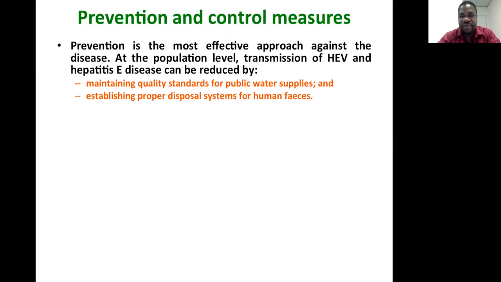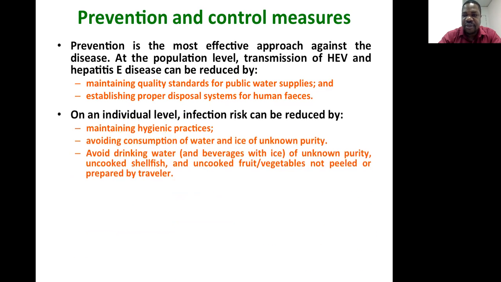Prevention is the most effective approach against the disease. At the population level, transmission of hepatitis E can be reduced by maintaining quality standards for public water supplies and establishing proper disposal systems for human feces. So those are the major ways of preventing the condition.